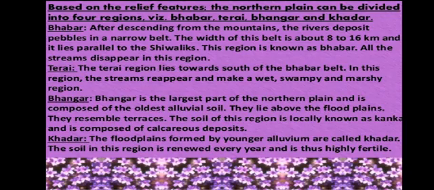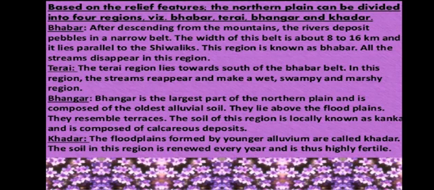Now, let us look at it. Based on the relief features, the northern plain can be divided into 4 regions: Bhabar, Tarai, Bhangar and Khadar. Now let us first of all talk about Bhabar. After descending from the mountains, the rivers deposit pebbles in a narrow belt.